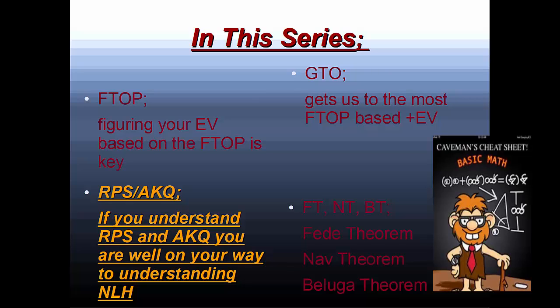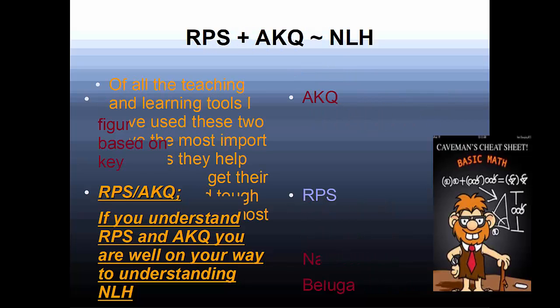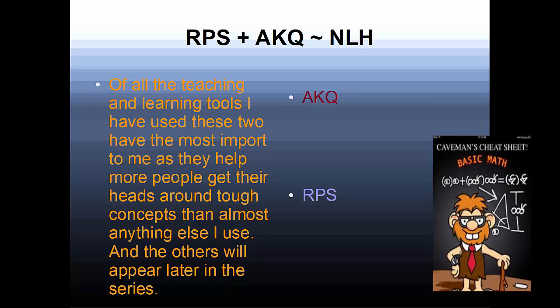Then in this video, we're looking at rock, paper, scissors, and the Ace, King, Queen game. As a poker coach, these have been two of my absolute most valuable teaching tools and allies in the quest to make decent poker minds into great poker minds.